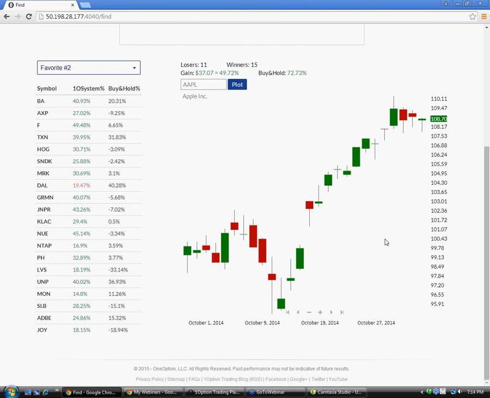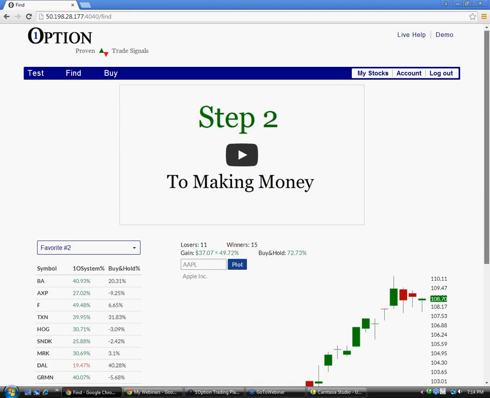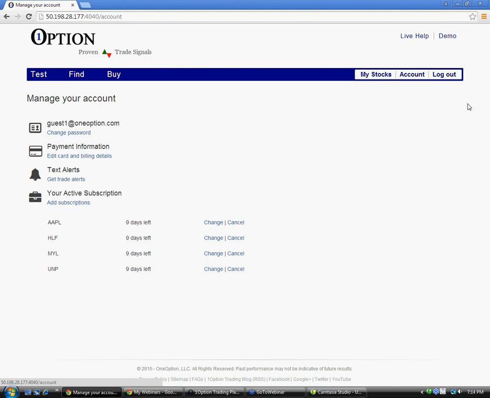Now, when you log in and we've made the transition, you'll see a login button. I'm already logged in, so I'm going to go to Account. And in the Account area, what you'll see is, let's say that your subscription's converted over and you've got 10 symbols.